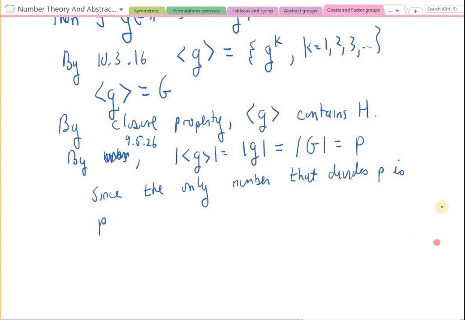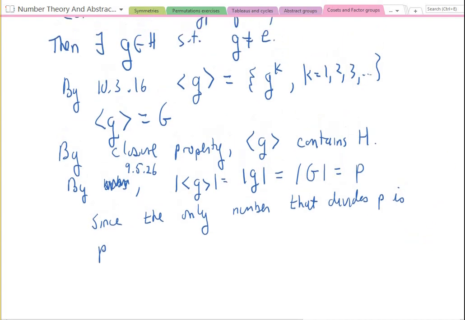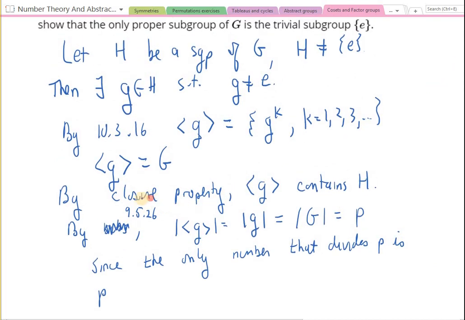Well, all right, so let's stop here for a second. There is a problem here. I'm looking back here. It says, by the closure property, G contains H. So how did that follow? Well, I think you quoted the proposition wrong because it's not true.